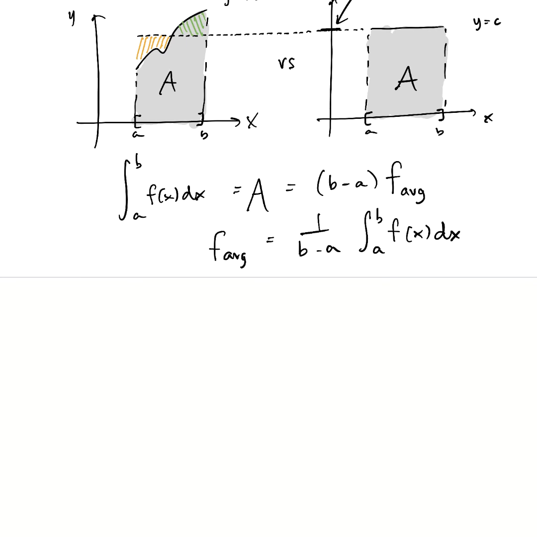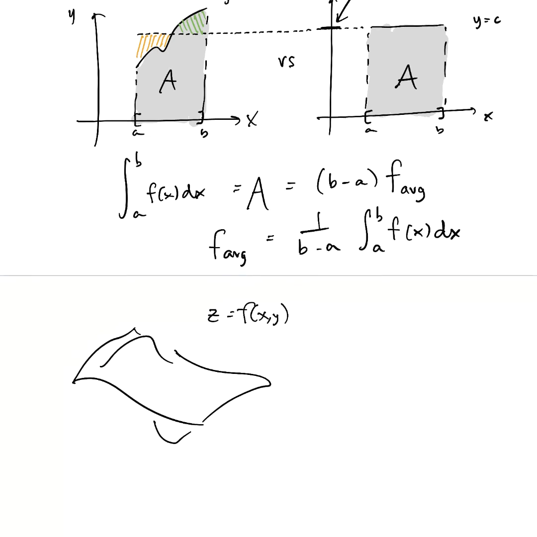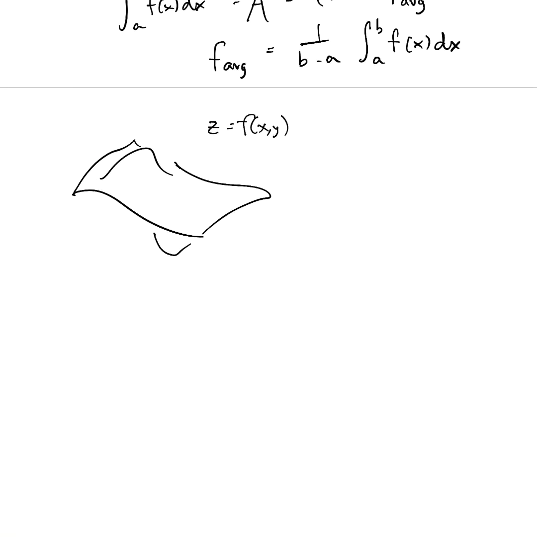If we ramp it up one variable, then we have a picture like this. You got some surface, z equals f of x, y, and it's floating in 3D space, maybe like this.